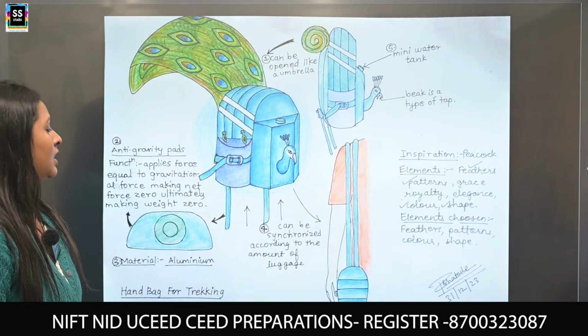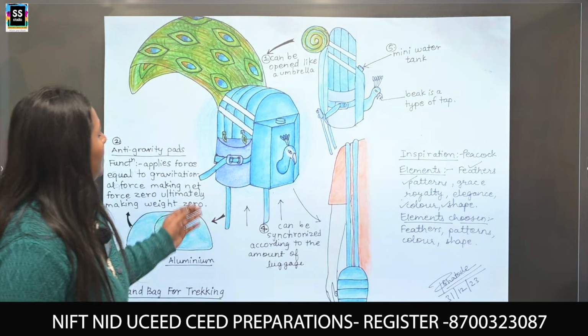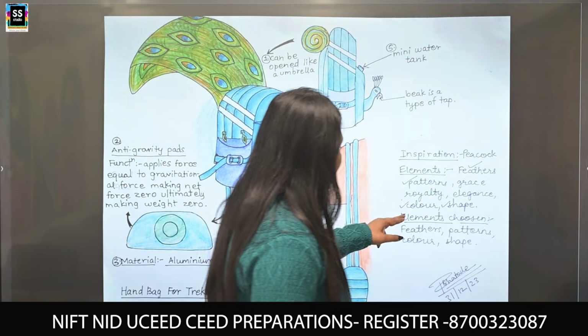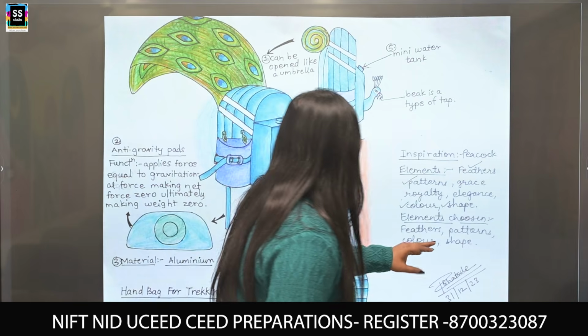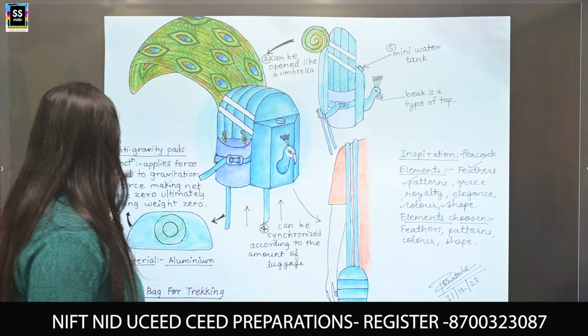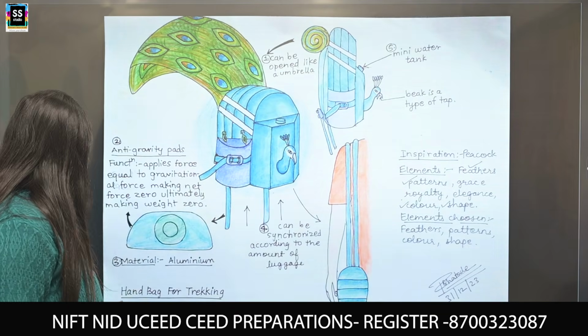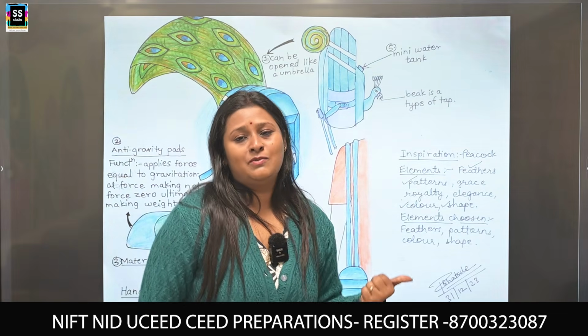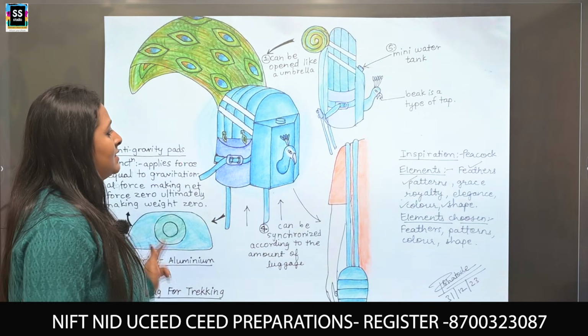This is one of the examples of a bag, I guess, and the inspiration was a peacock. The elements chosen have been written, and all the areas have been designed. Handbag for trekking. This was done by one of our students, Rahul Batode, and that's his sketch.